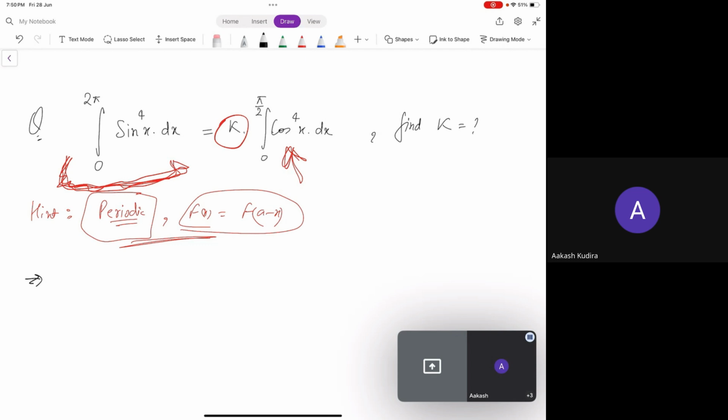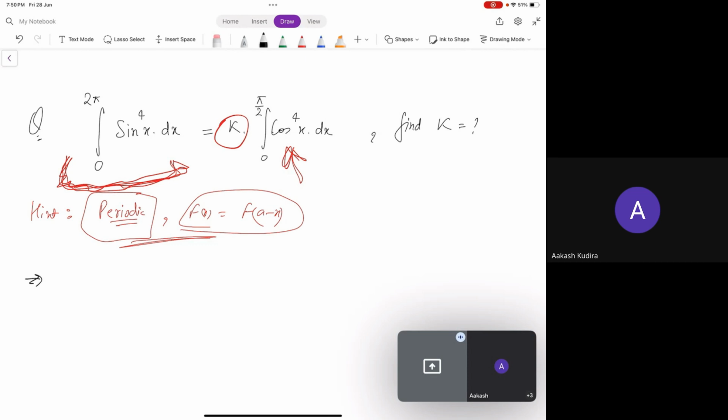So finally you'll get 4 times 0 to pi by 2 sine power 4x. And if you use King's property, which is f of x equals f of a minus x, then you can get 4 times 0 to pi by 2 cos power 4x. Yes, sir. Okay, fine.